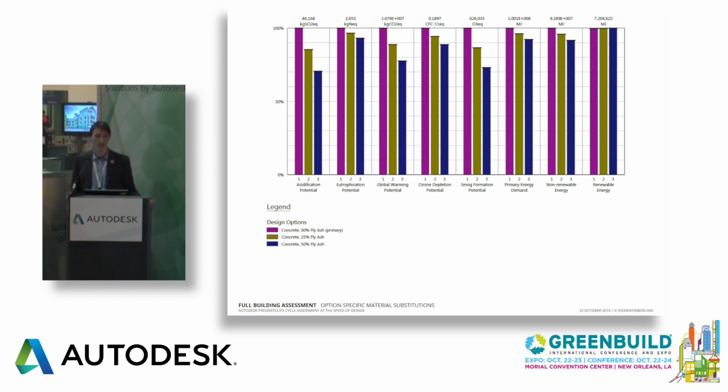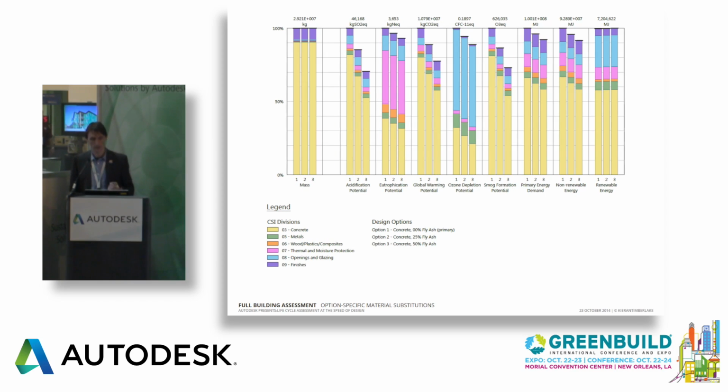In this case, we happen to have a full building, and what's really notable here is we're seeing it not just as an isolated piece of concrete, but we understand it in the context of the full building's environmental impacts. So you're seeing that reduction in that yellow bar that's attributable to Division 3, alongside the impacts due to all of your metals, your glazing, wood and plastics, finishes, etc.